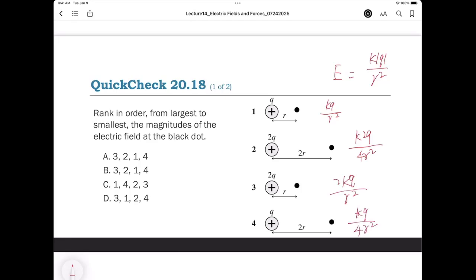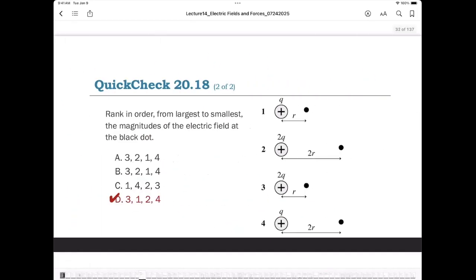So the last one should be this one, 4? And 3 is the greatest one, and then it should be 1, because this one is kQ divided by R squared, and this is kQ divided by 2 squared. Then 2, then 4. 4 is the smallest. So it means 3, 1, 2, 4. This one, D, is the right answer. That makes sense to you?